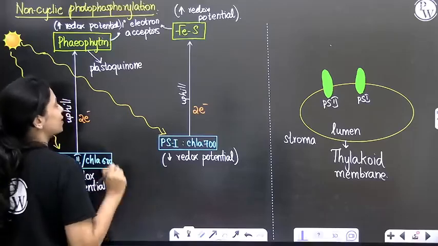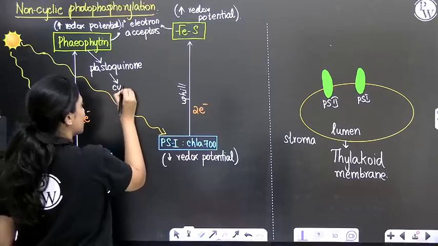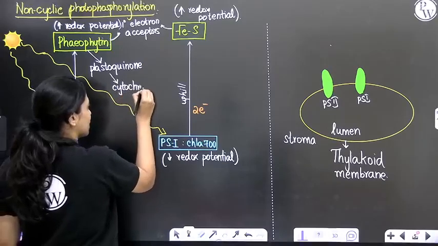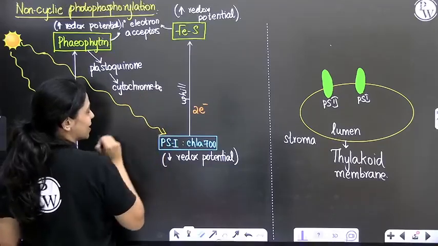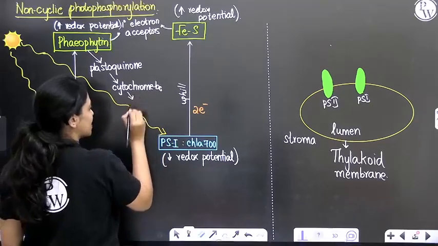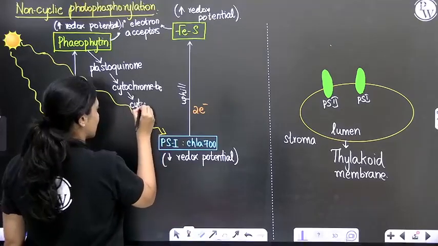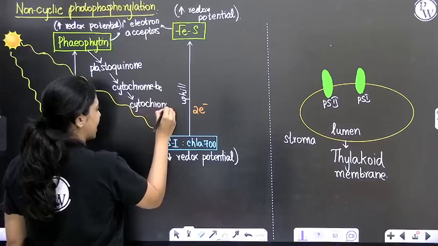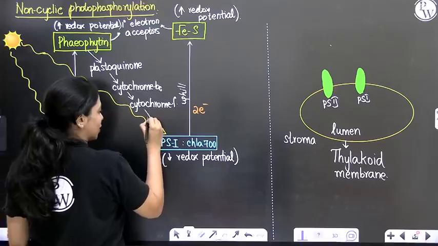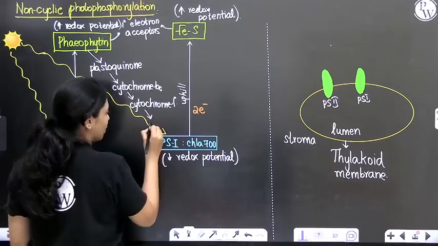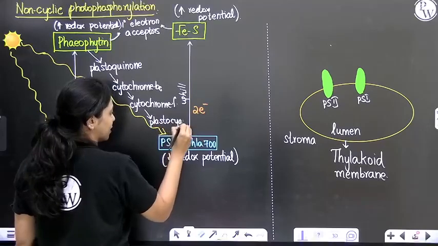Plastoquinone will further transfer that electron to cytochrome B6. Cytochrome B6 will further transfer that electron to another cytochrome, which is called cytochrome F. Then it will transfer the electron to another molecule called plastocyanin.